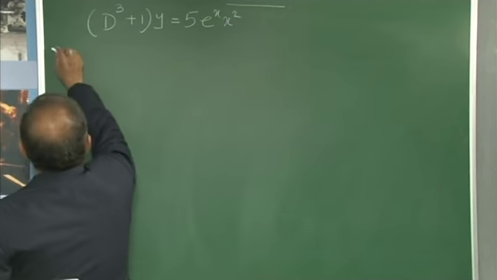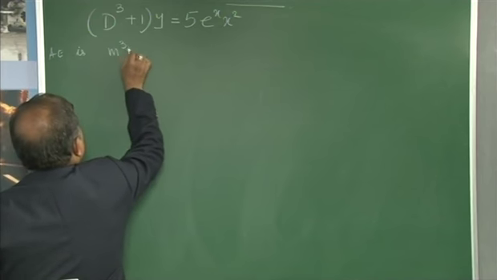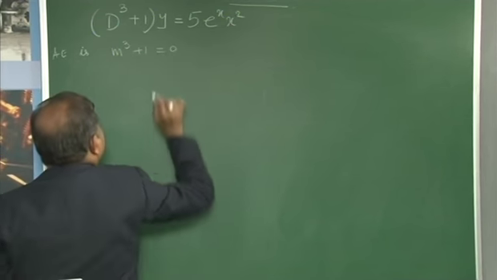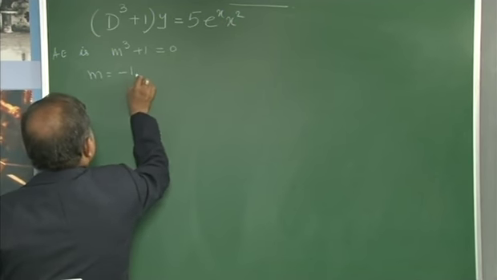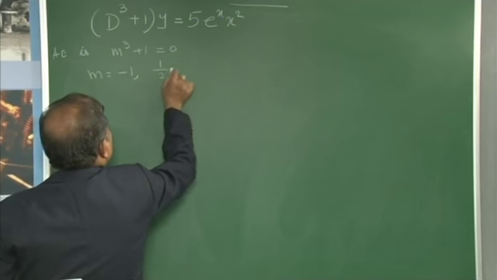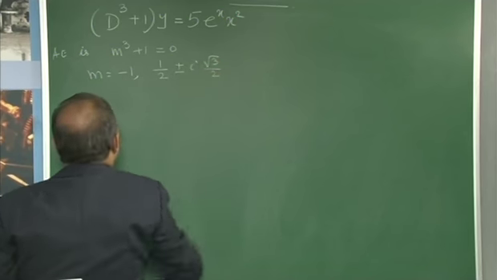What is our auxiliary equation? M cube plus 1 is equal to 0. What are the roots? Minus 1, then 1 by 2 plus or minus i root 3 by 2.